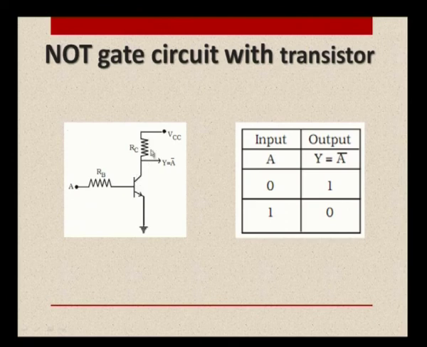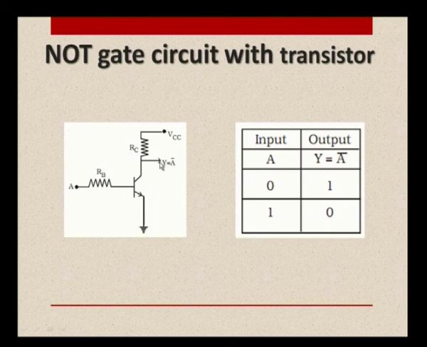So, the entire potential is dropped across this itself. When we measure the voltage across this marked point and the ground, it will be a high value. So, it shows the value 1. And in the same manner, when we give the input as 1, which is a high value, this part is forward biased and the current flows.